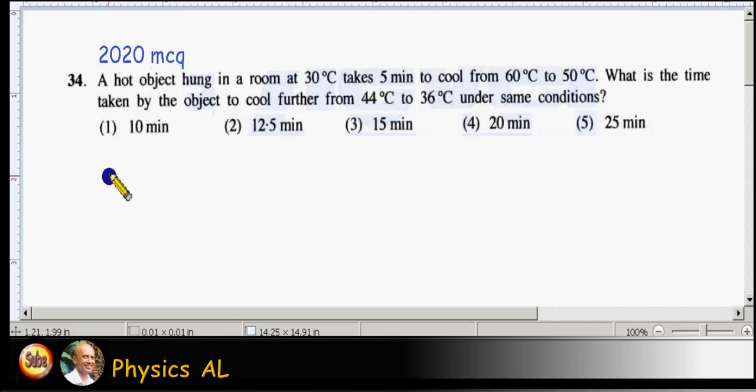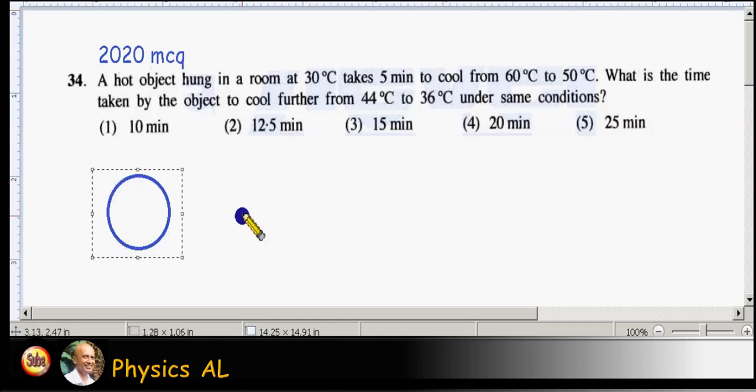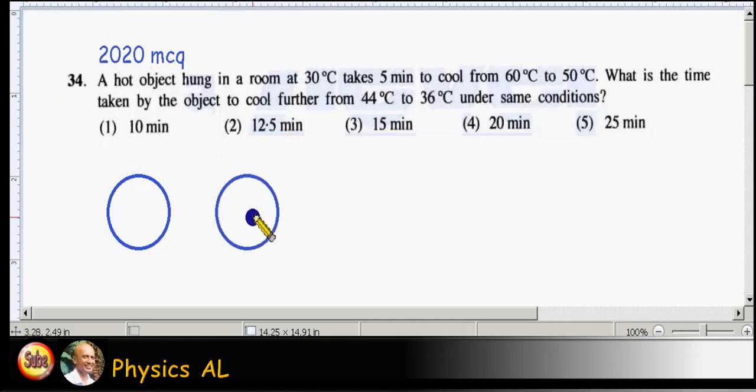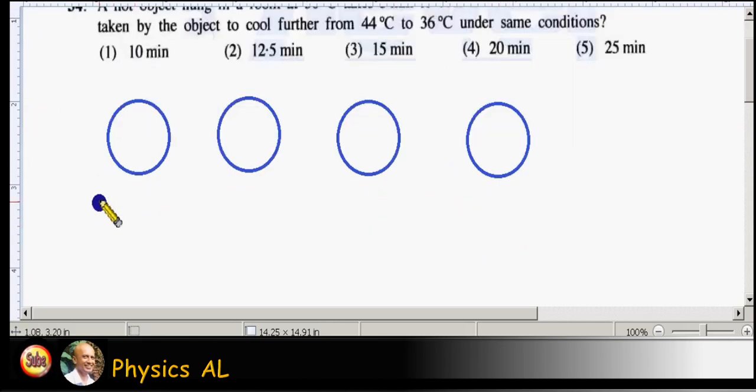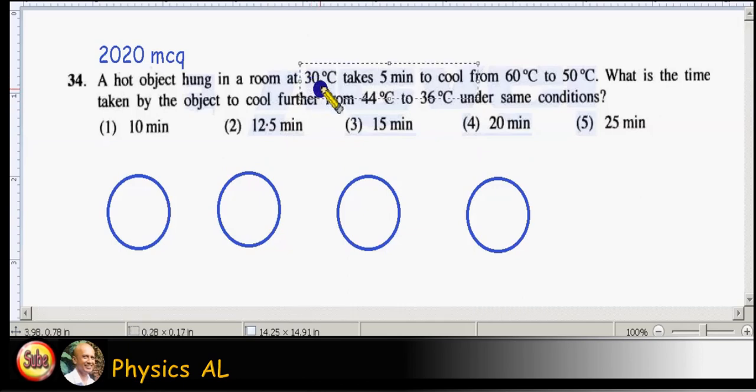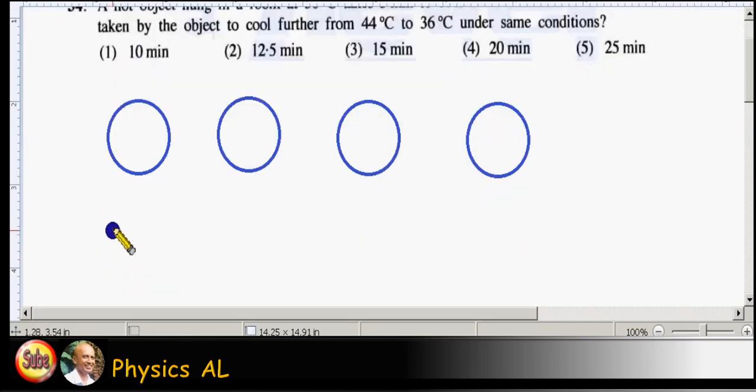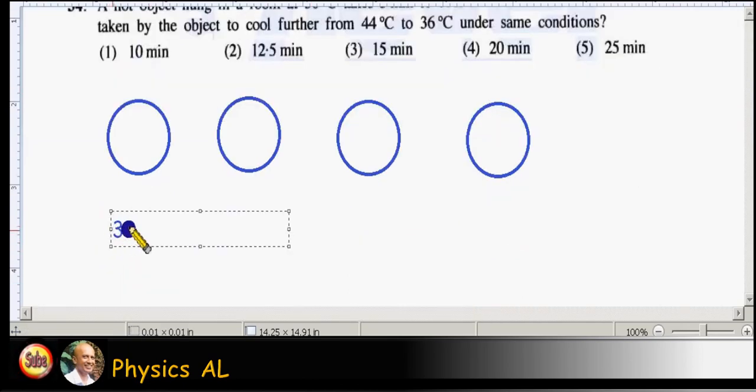We can solve this easily using Newton's cooling law. We just draw a little sketch of the incident. They have given the room temperature is 30, so we just write it here, 30 centigrade.